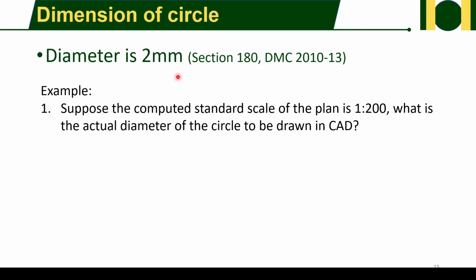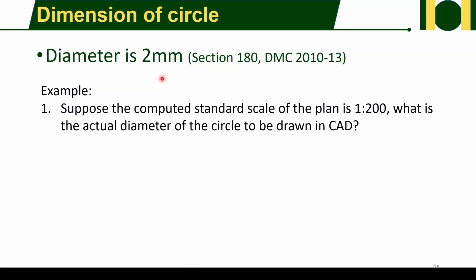If you notice, when you draw in AutoCAD, you are actually drawing the ground distance, or the actual distance. And when you print what you drew in AutoCAD, the printed plot is the map distance.